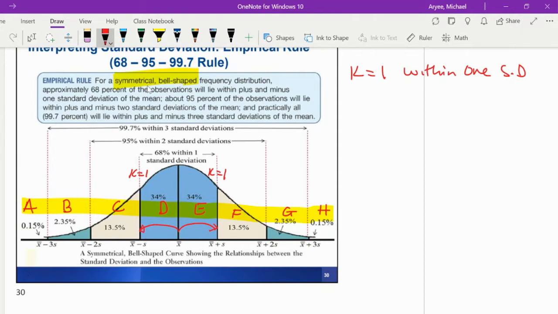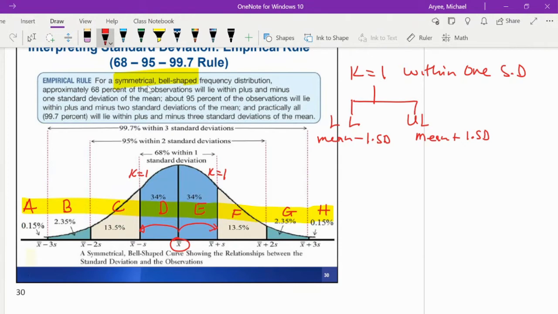So another way to think of it is that when k equals 1, the lower limit is the mean minus 1 times the standard deviation. The upper limit is the mean plus 1 times the standard deviation. So if this is the mean, then this is x bar plus s, because one standard deviation, then this is x bar minus s.